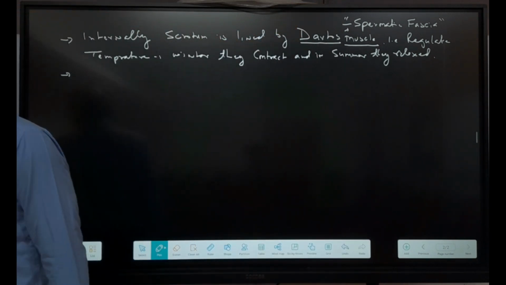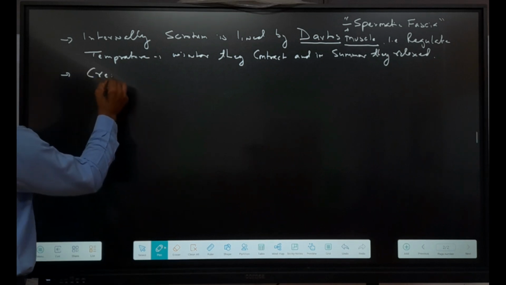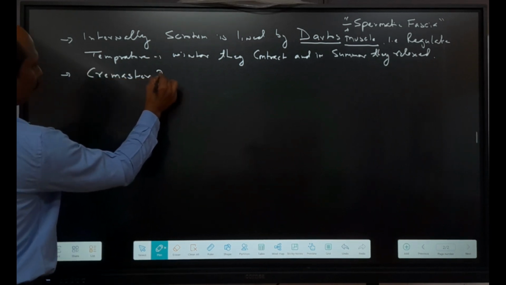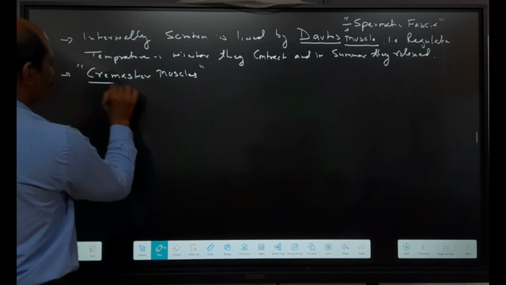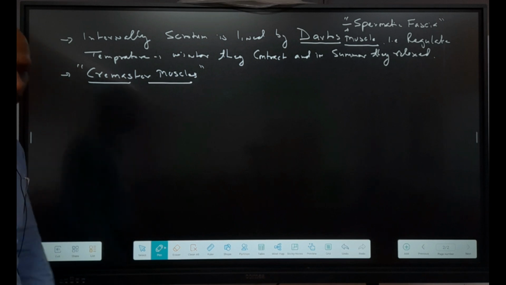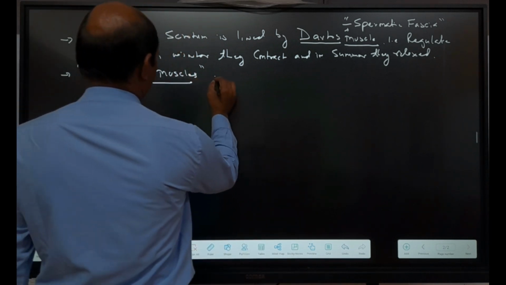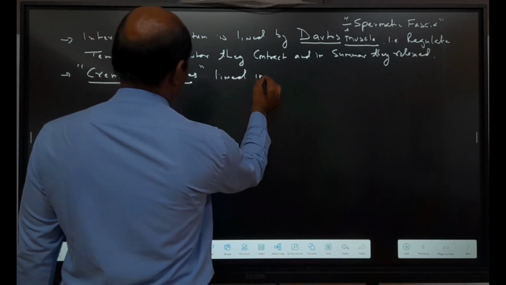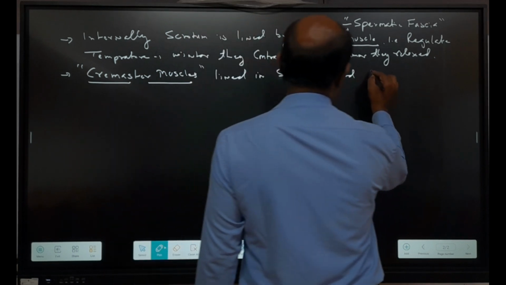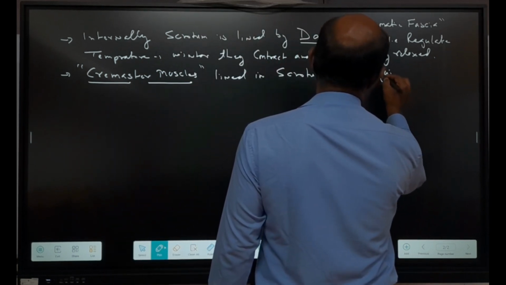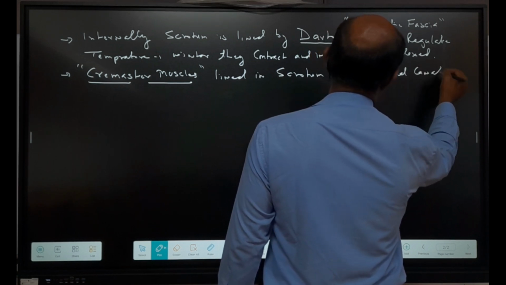Now the second muscle is our cremaster muscles. Second important muscles, right? They are also lined in the scrotum as well as in the inguinal canal.